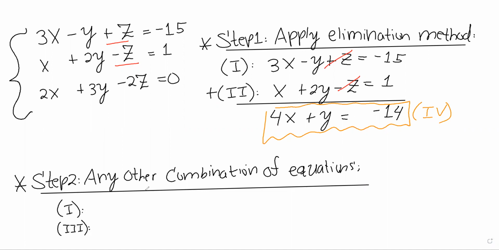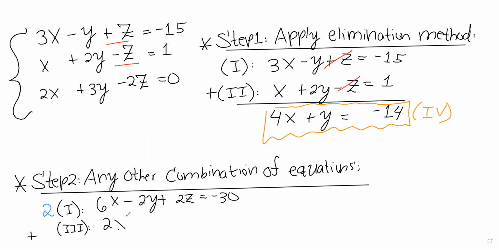well, let's try canceling. Oh, and it has to be any other combination of equations such that we cancel z again. So if I want to cancel z again, I'd have to do 2 times equation 1 plus equation 3. So I want to cancel the same variable again, and we'll see why. So 2 times equation 1 would be 6x minus 2y plus 2z equals negative 30.